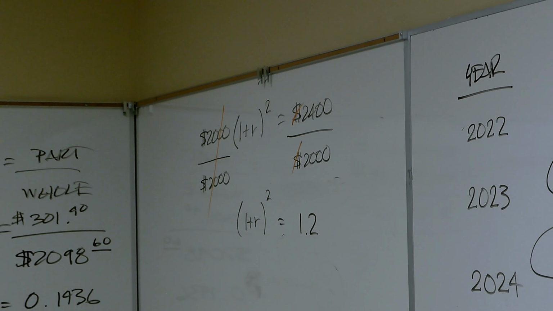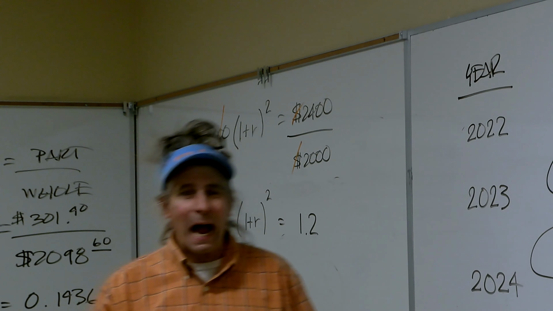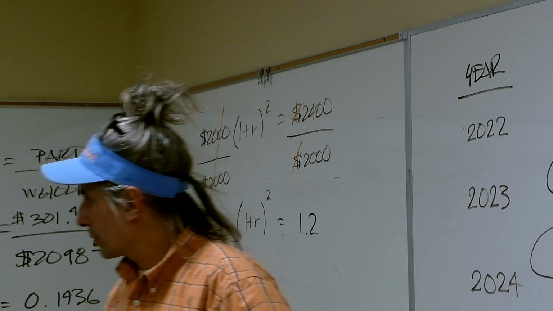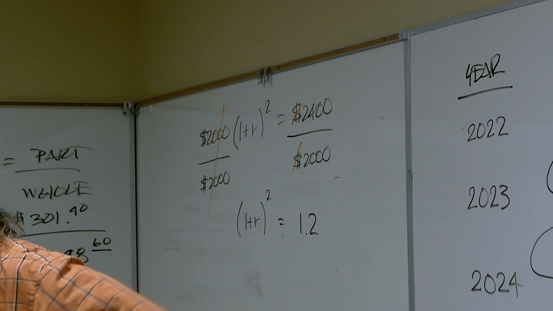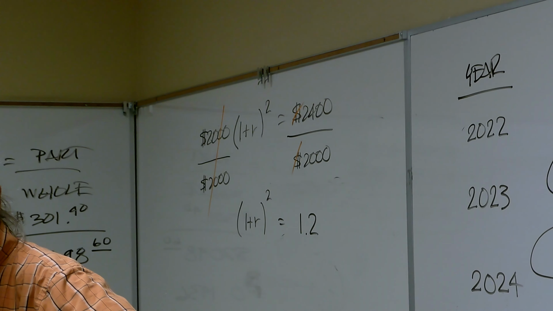Cool. How about some number squared is 91? Not nice. 81 was 9, 100 would be 10. So it's somewhere between 9 and 10.